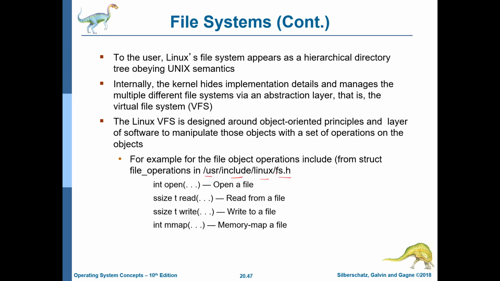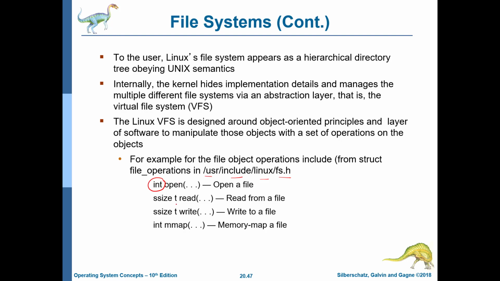So fs.h is basically for the file system. So for example, the operations on the file system are like this. We have the open operation. So the open operation is to open a file, and the value that is returned indicates the status of what happened. Was the file successfully opened or not?